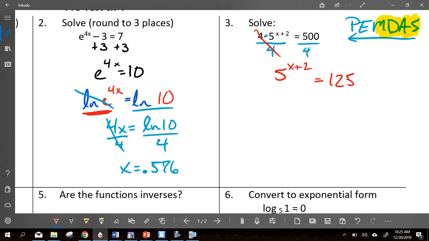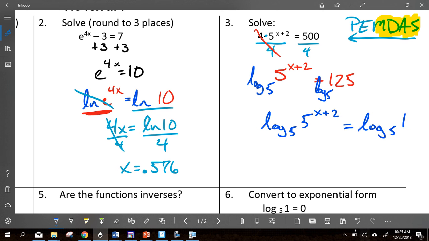There are a couple different ways of doing this problem from this point. Let's use our calculators because that makes this easy. And so to get rid of 5, I'm going to take the log base 5. The opposite of 5 to a power is log base 5 on both sides. And you don't have to use a calculator.